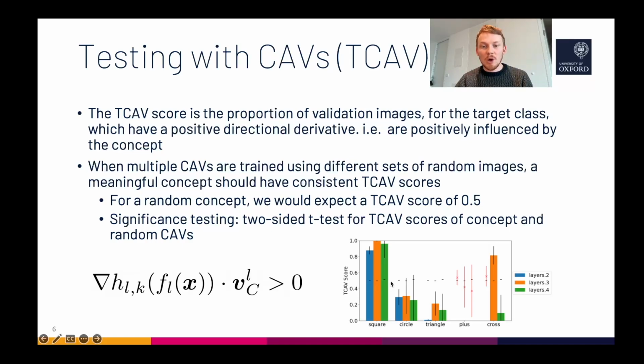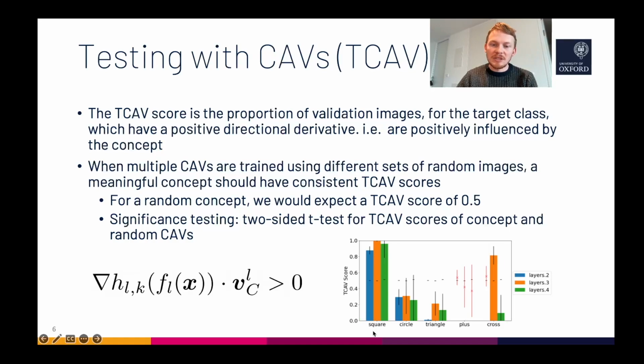And these small horizontal black dashes near the middle, near 0.5, are the null score, which is the average score of the random CAVs. The red lines here are where the TCAV score of our 30 concept CAVs were not significantly different from this null.